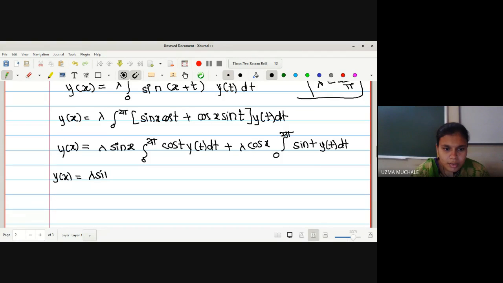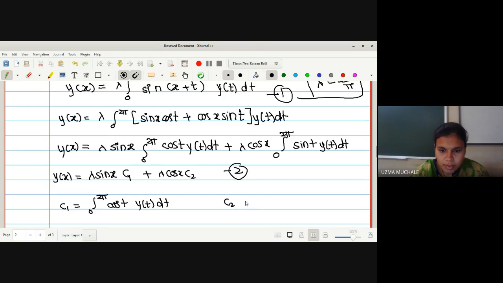Okay, now this is the value of the first constant C1 plus lambda cos x C2. This is our given equation number 1 and this is our equation 2. Now you have the value of C1 is equal to integration 0 to 2 pi cos of t y of t dt.